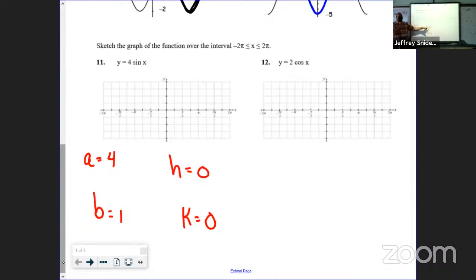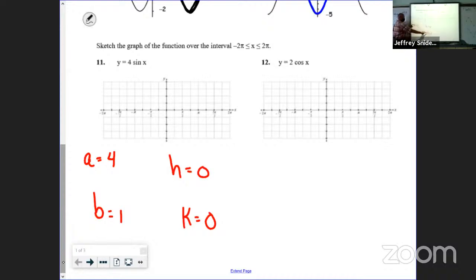This is a phase shift. It shifts the graph left or right, where the cycle starts. And this affects the midline, which means it also has an effect on the what? Maximum and minimum. Okay? These two together give you your maxes and the minimums.